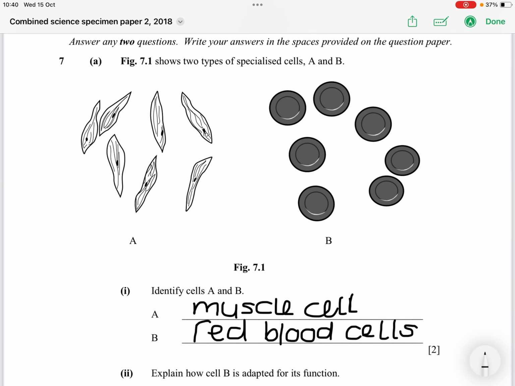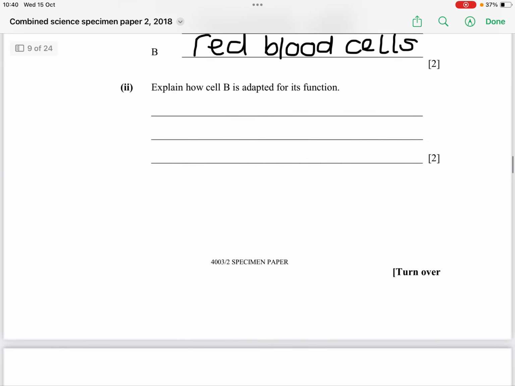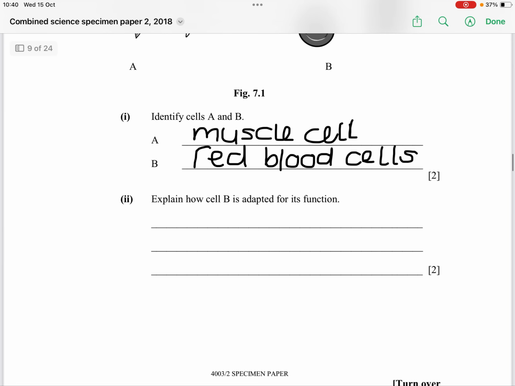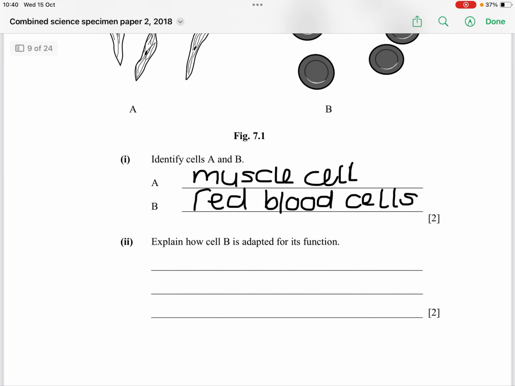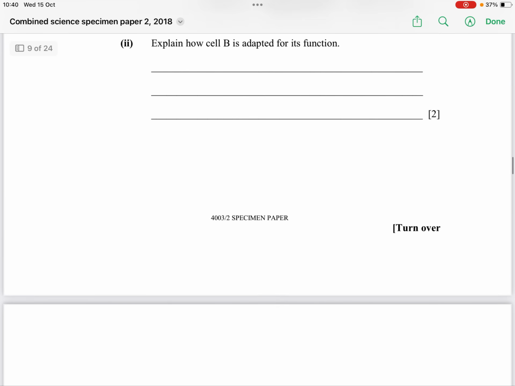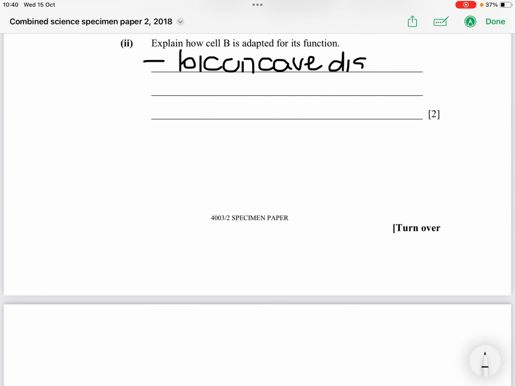You also need to know other specialized cells like the root hair cells, the palisade cells, etc. And then explain how B is adapted for its function. B is the red blood cells, so we are required to explain how the red blood cells are adapted for their function. So the red blood cell, we talk about the biconcave disc shape.